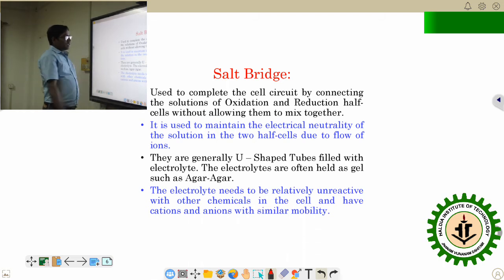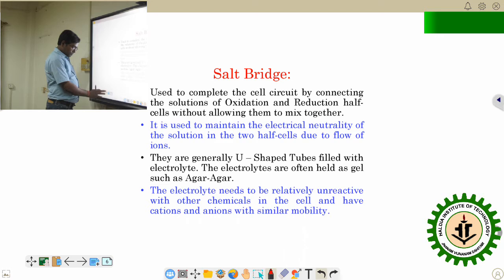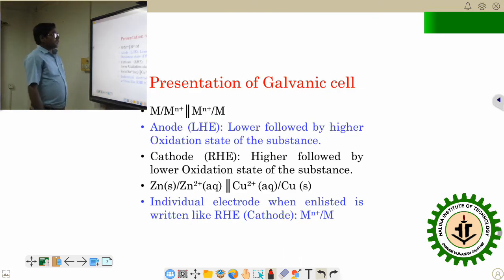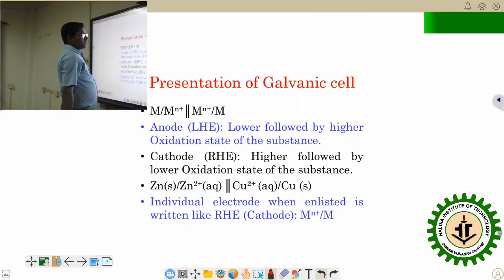So as we have discussed, we need to have the salt bridge. For what purpose the salt bridge is used, it is mentioned over here. Already we have discussed the presentation of the galvanic cell. You see here, where it is the place of anode, it is the lower oxidation state followed by higher oxidation state.